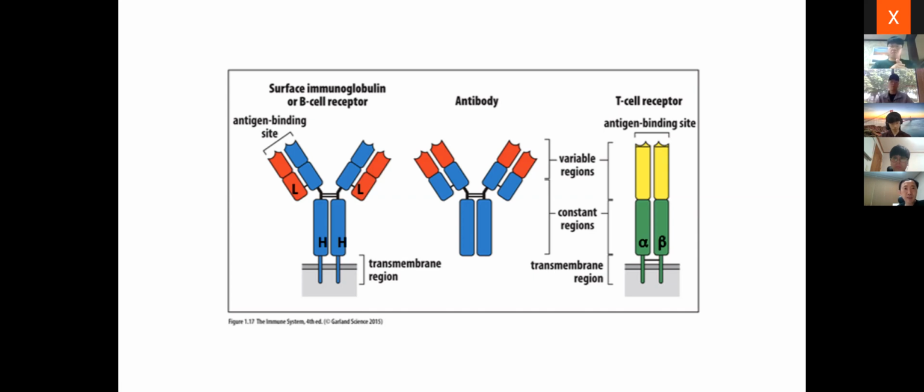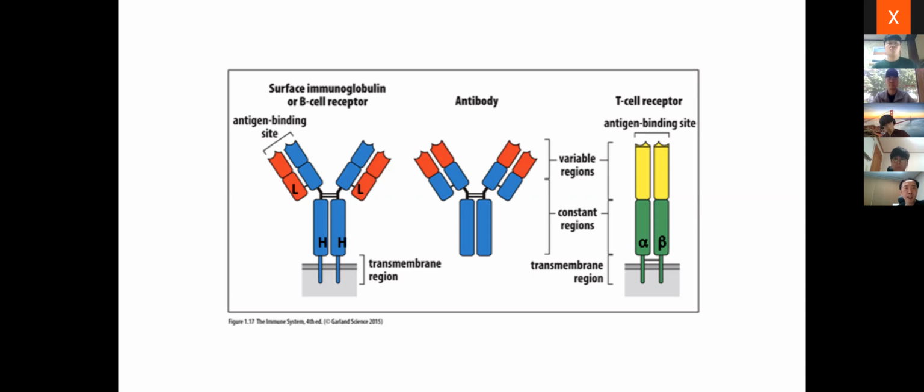The second selection is if they bind very strongly to our cells, any material, any molecule generated by our cells, then those cells should not be activated. If they are activated, they will attack our cells, correct? That's why the second selection is negative selection. If they recognize anything in our body, they die through apoptosis. So the first half died because they don't bind to anything.